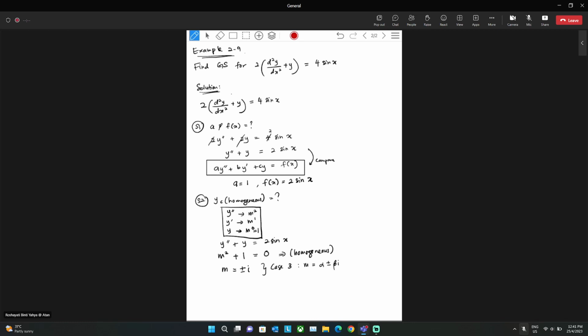So y(x) becomes exponential alpha x, bracket, a cos beta x plus b sin beta x.